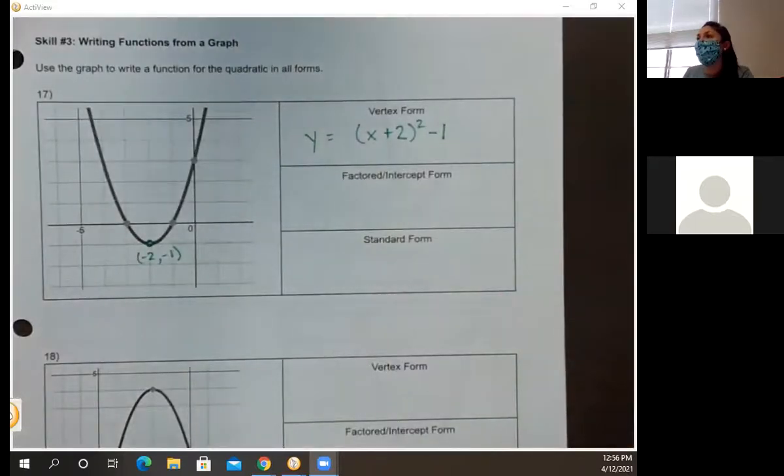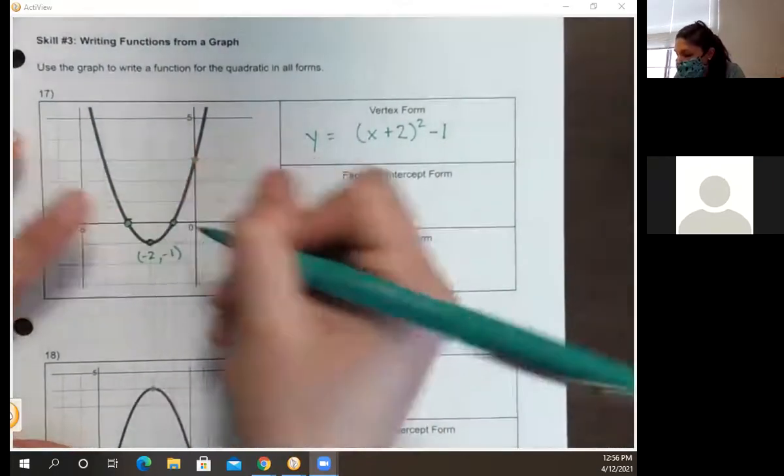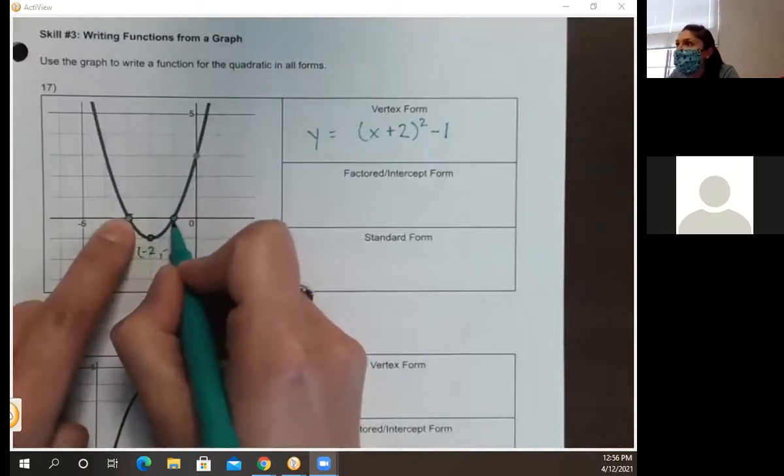So what we expect for the shape of our graph is that from the vertex to get to our next nice points on either side, we go up one and out one. So if I look at the next nice points that I have, the ones that are kind of on corners, from my vertex, I go up one and out one. That's what I expect. That matches my parent graph.